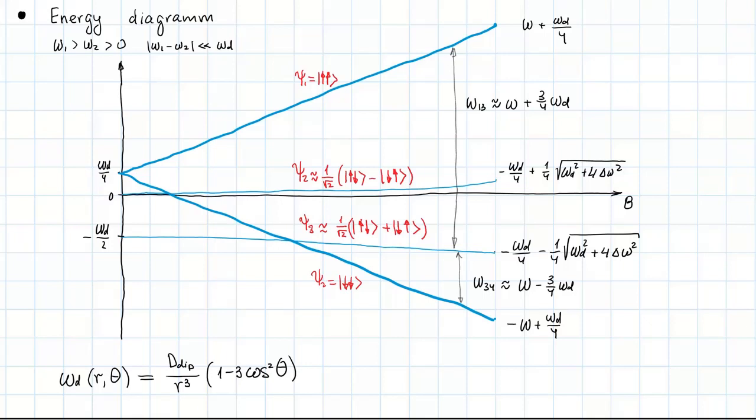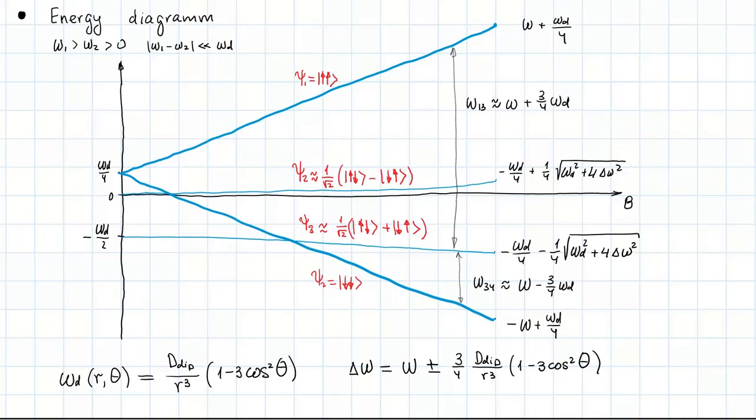Hence, the frequencies of the two lines corresponding to the transitions between levels 1 and 3 and levels 3 and 4, respectively, are given by the formula delta omega equal to omega plus minus 3/4 d divided by r cubed multiplied by 1 minus 3 cosine squared theta.